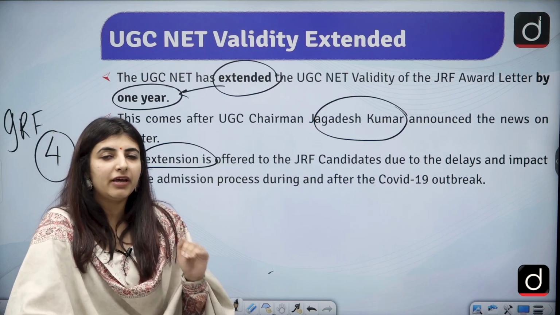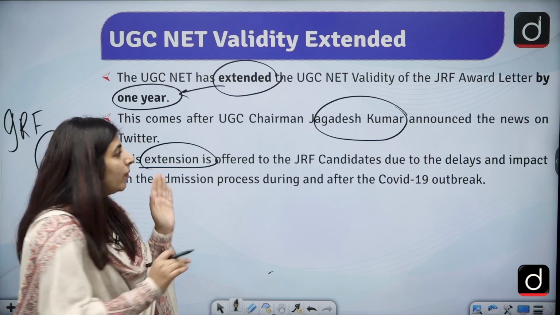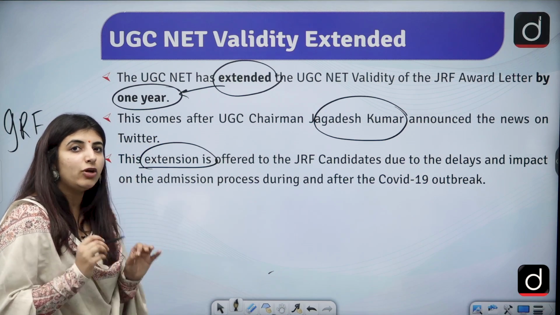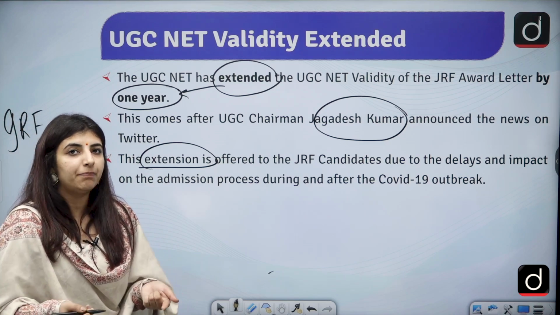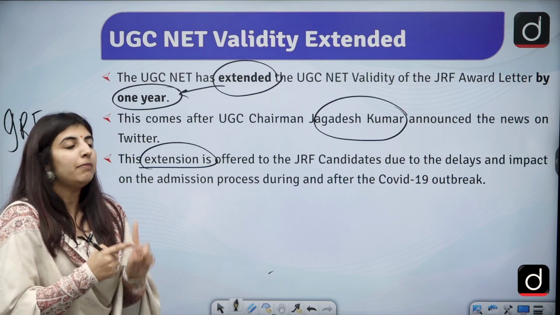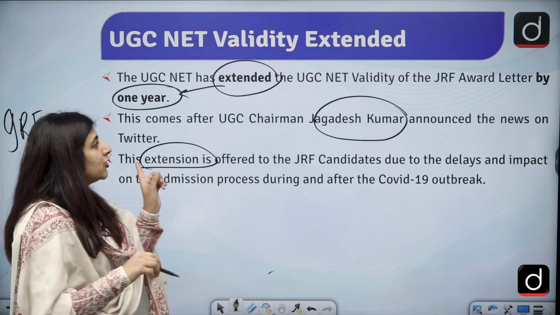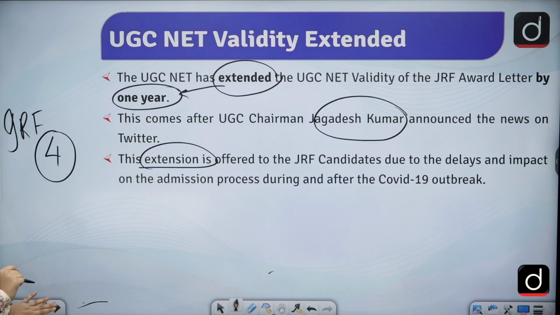The cycles were being merged for the fact that no examinations were taking place. So the extension of this UGC NET certificate was for the people who wanted to pursue their PhD with a stipend, because JRFs are offered a stipend, right? So the validity was increased by 1 year.